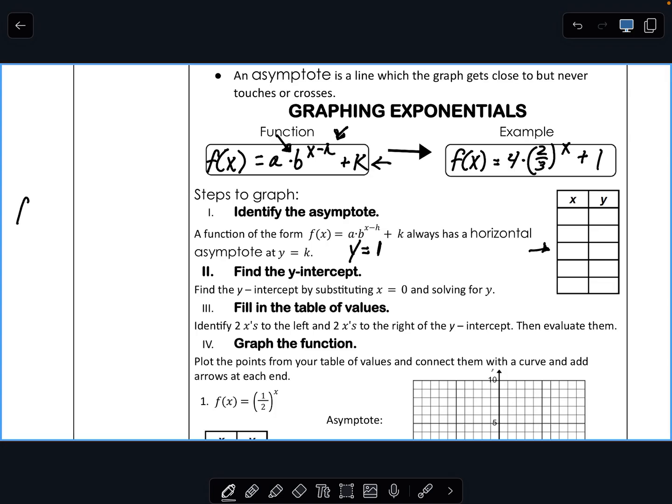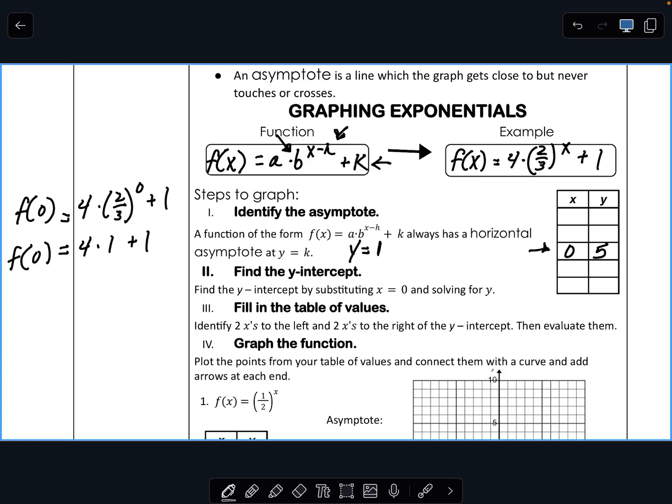So put 0 in your function rule: 4 times 2 over 3 to the 0 plus 1. Remember, anything to the 0th power is 1. So what's 4 times 1? 4 plus 1 is 5. So our y-intercept is at 0, 5.